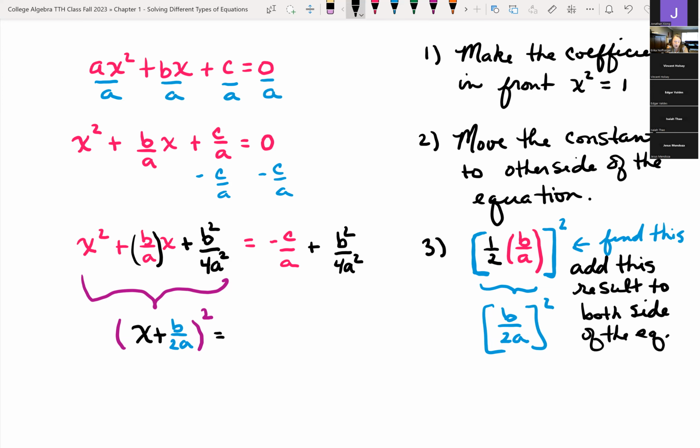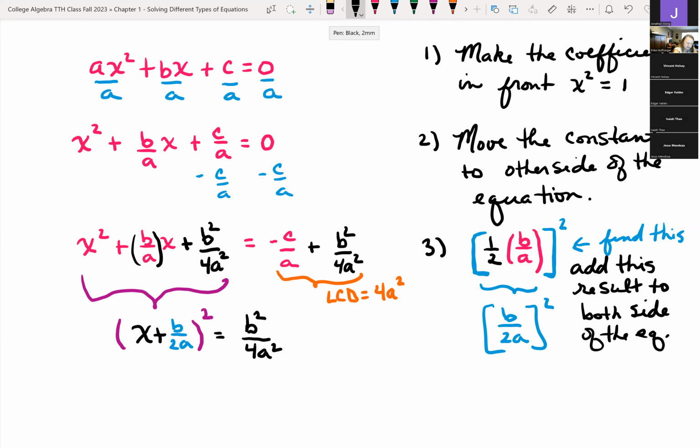They don't have a common denominator, so I need to get one. I noticed that for a squared and a, my least common denominator, my LCD, is equal to 4a squared. So I already have that denominator for b squared over 4a squared.